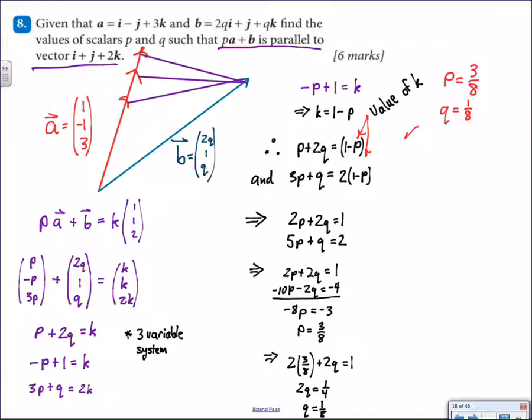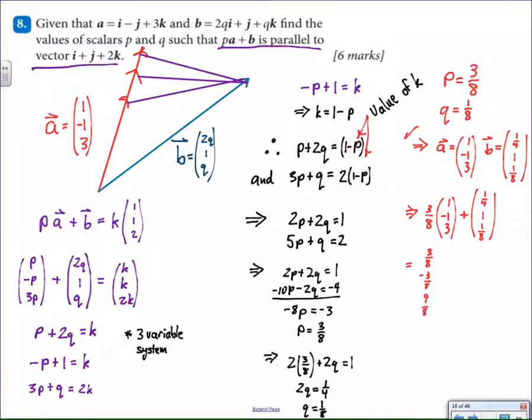So here's how I can check my answer. By putting in the right values for p and q, I can get the A vector already given. And the B vector is affected by that number q that we talked about. And here then we can see the scalar times A plus the new, now known vector B, and we add them together. Do not be afraid of the fractions. It's all good.